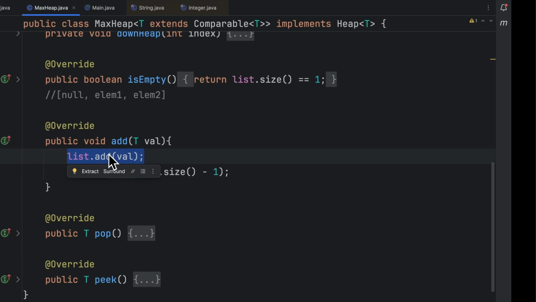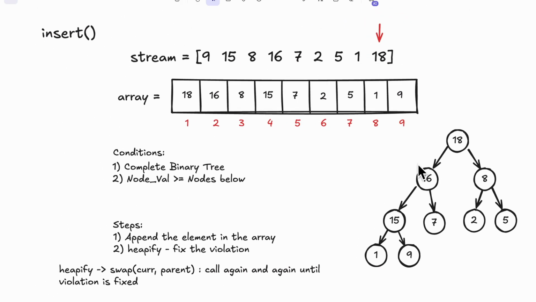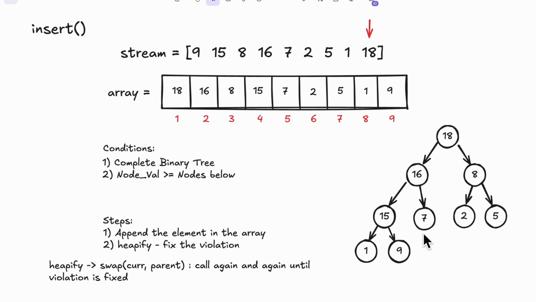If I have to show that in the diagram, if we insert any value, that value will go over here, right? Let's say I insert 100. So 100 will go over here.